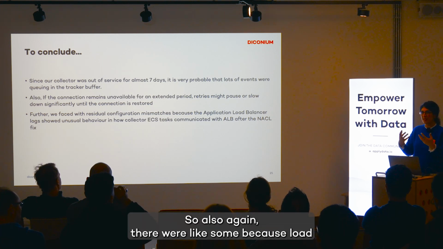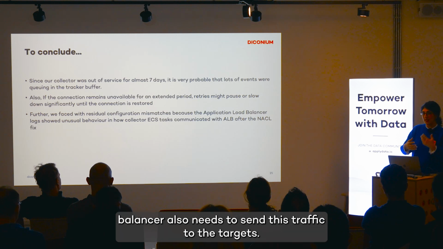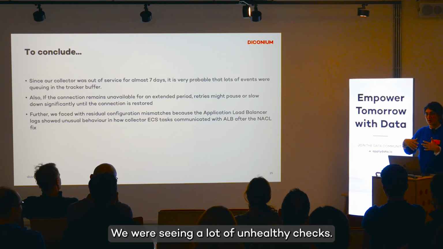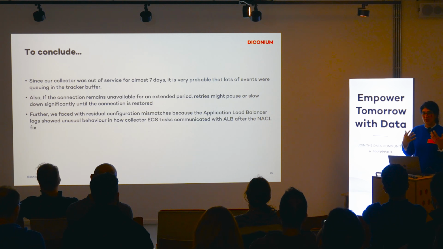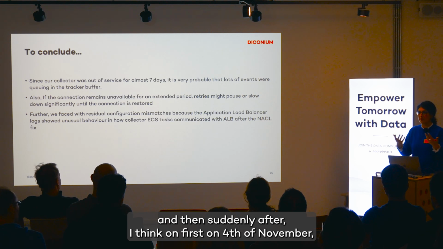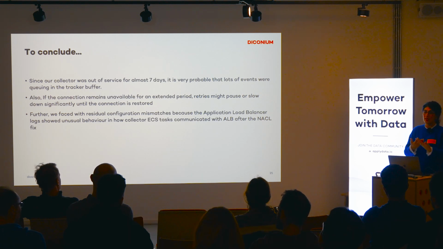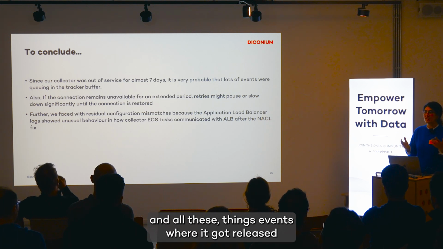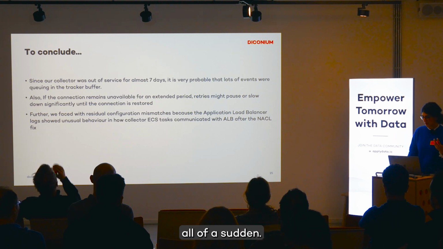The load balancer needs to send traffic to the targets, and ECS was one of them, and in the logs we were seeing a lot of unhealthy checks. So there was still an unstable connection after the 1st of November. Then suddenly, on the 4th of November, it got its trust back in the pipeline, and all these events got released all of a sudden.